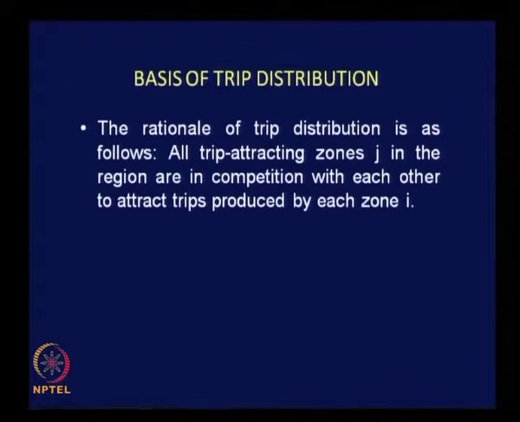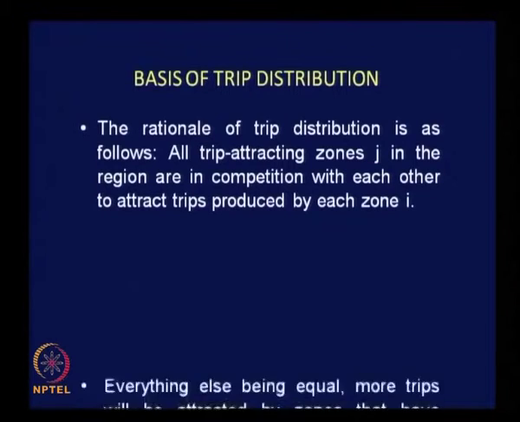We assume that all the traffic zones in the urban area are competing with one another to attract as many trips as possible from a particular zone I or from each of the other zones, right. There is a kind of competition to attract trips.